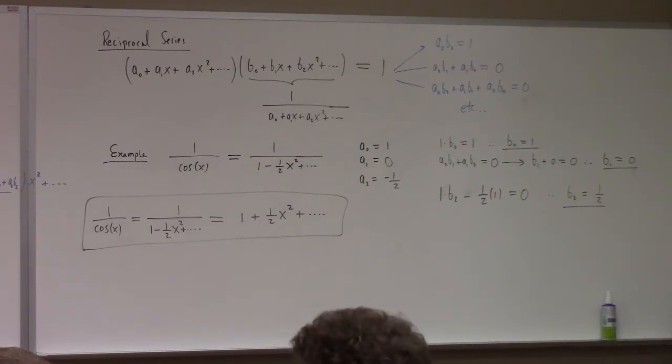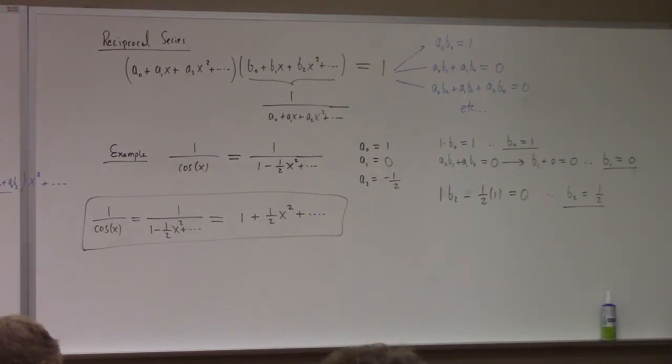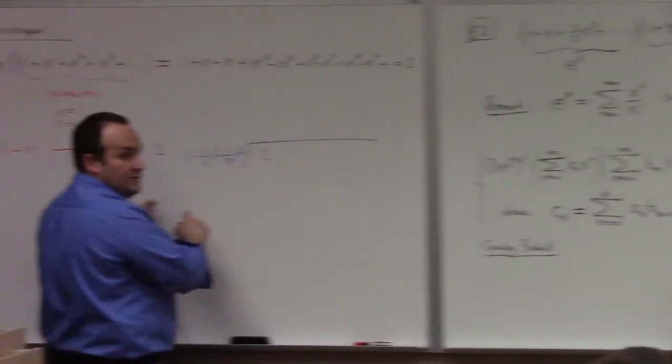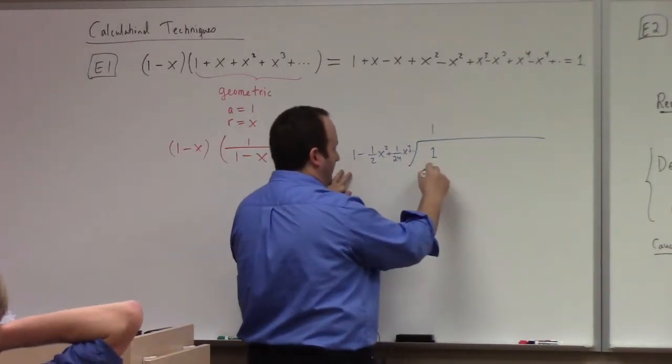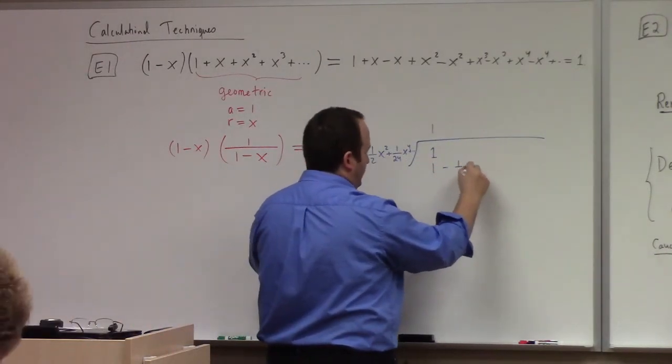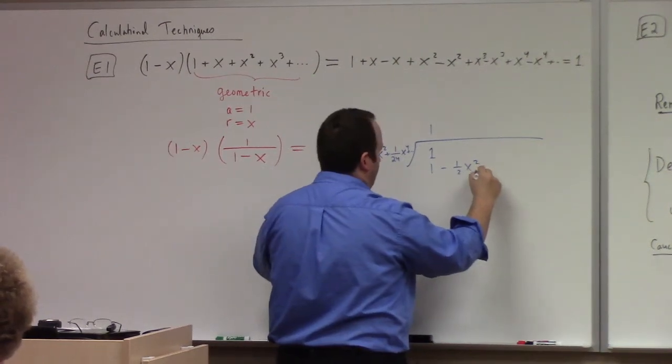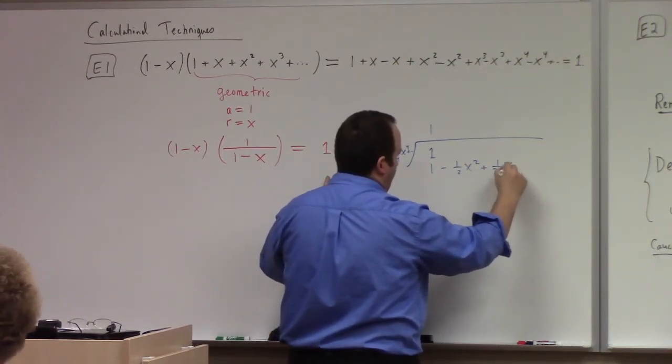How about this? What if we do 1, and we're dividing what into it? 1 minus 1/2 x squared plus 1 over 24 x to the 4th. What happens if I put a 1 here? Then I get 1 minus 1/2 x squared plus 1 over 24 x to the 4th.